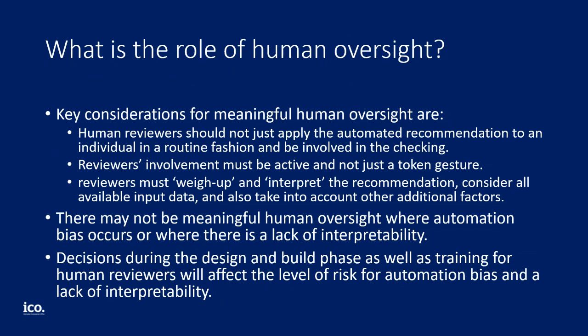So these kinds of issues need to be brought into your consideration during the design phase and the building phase. So ensure that you're going to be training human reviewers sufficiently, and if you fail to do that, then there's a risk of automation bias and a lack of interpretability.